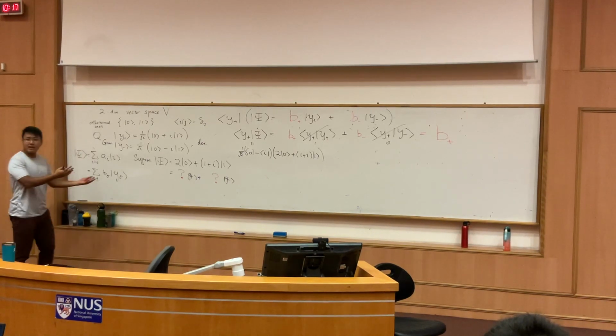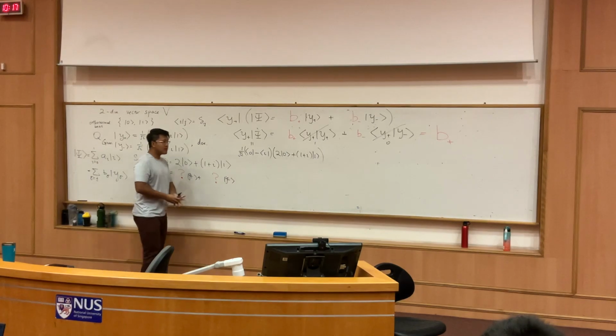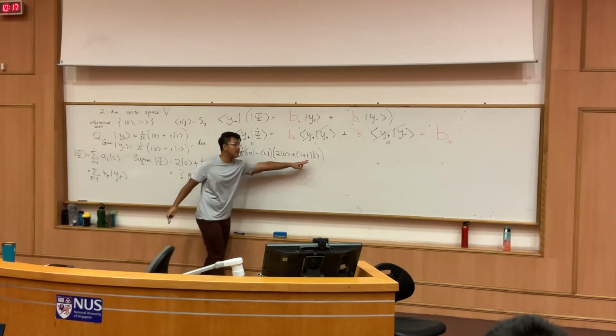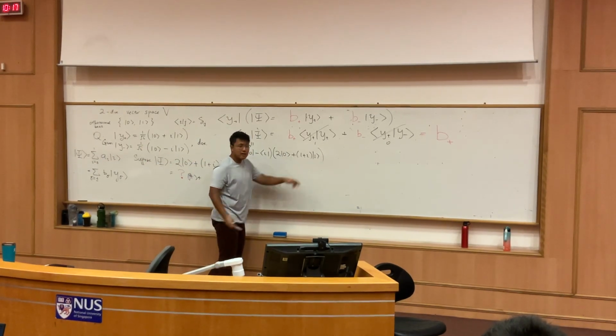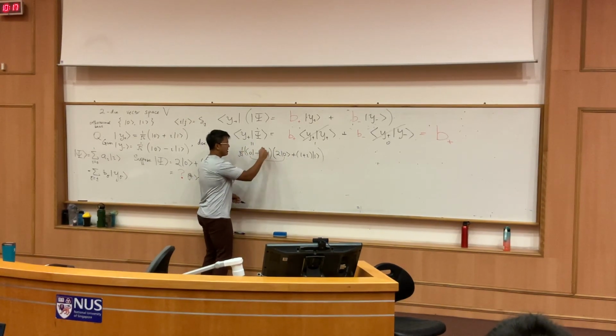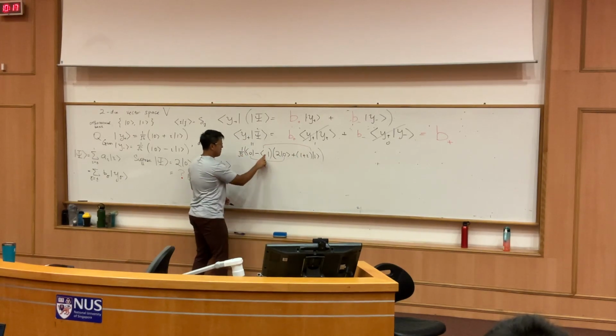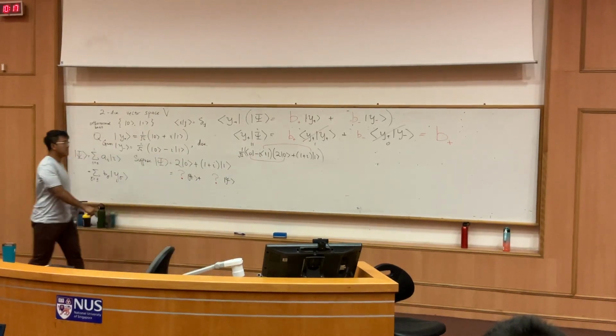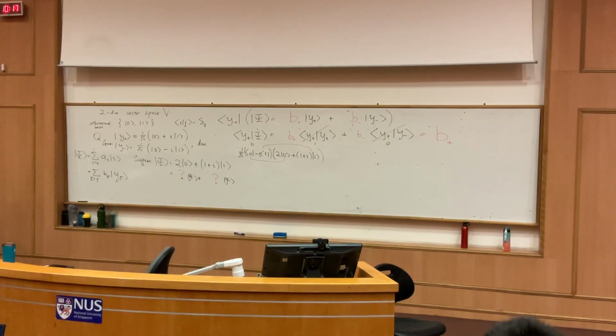Now I'm just going to expand everything, but once again, noticing that the 0 and the 1 state are orthogonal, I just have to match up these guys and these guys. Sorry, this should be a 1. This should be an i. Okay. Right? We just have to match up those guys.